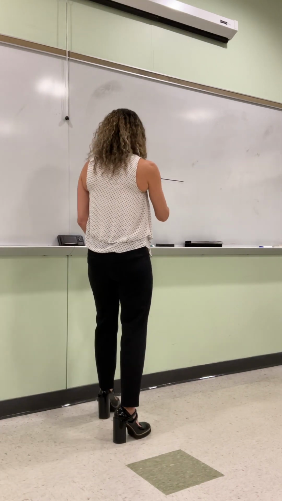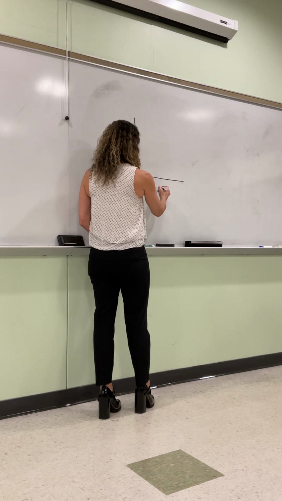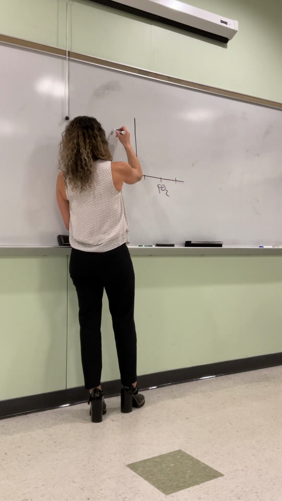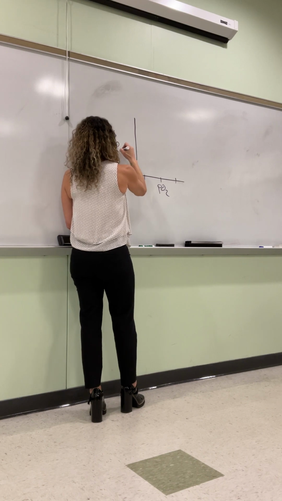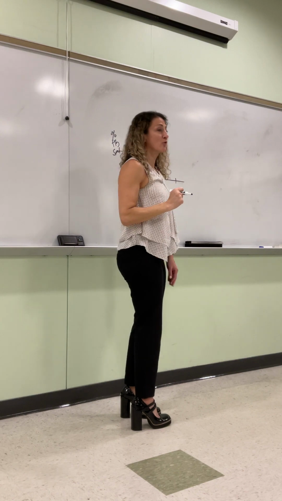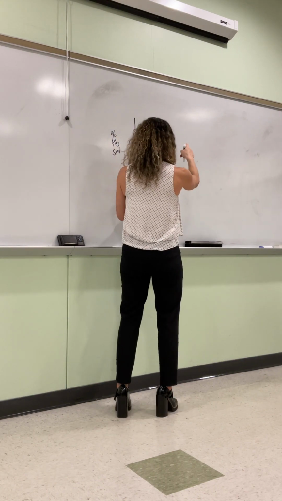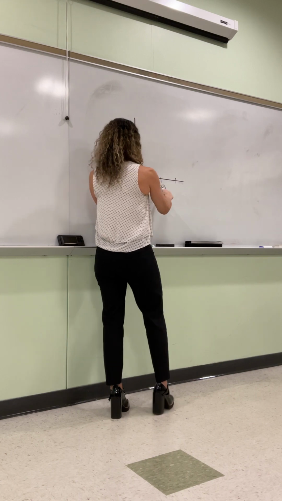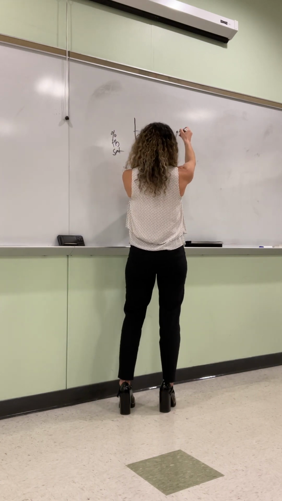So if we're drawing the Bohr effect, what goes on the x-axis? PO2. Okay, what goes on the y-axis? Percent hemoglobin saturation. Okay, so if I'm drawing the curve for normal pH, when PO2 is low, saturation is low. When PO2 is high, saturation is high.